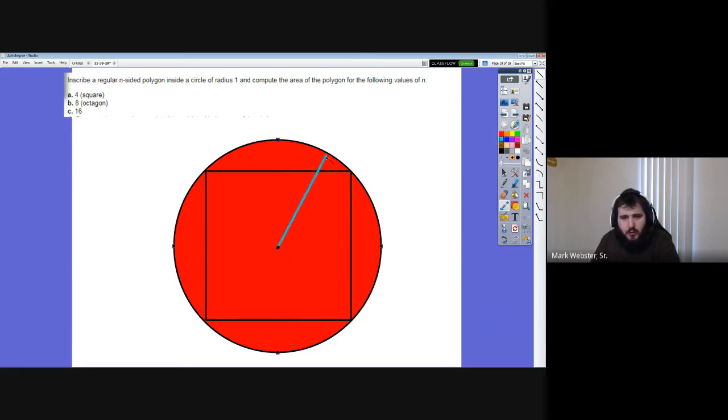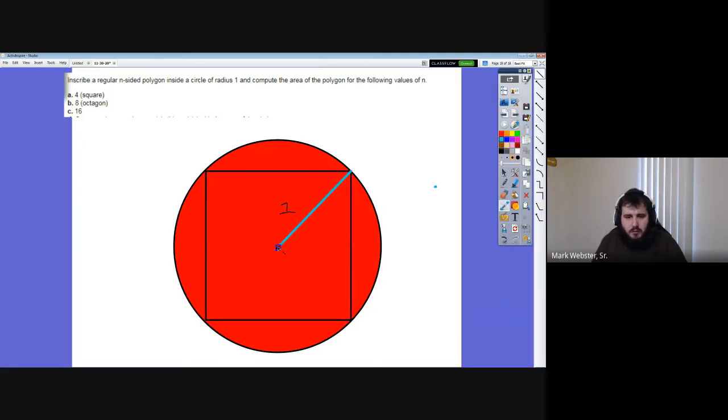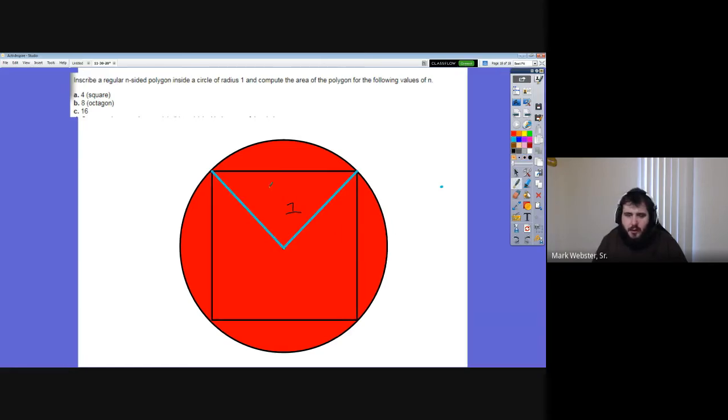There we go. So the circle has radius 1, right? Well, if the circle has radius 1, what we can do is make a bunch of radii. This is radius 1 as well, right? Radius 1, radius 1.